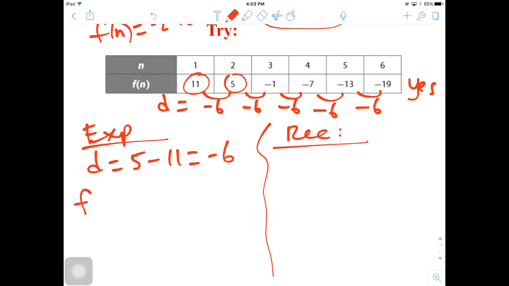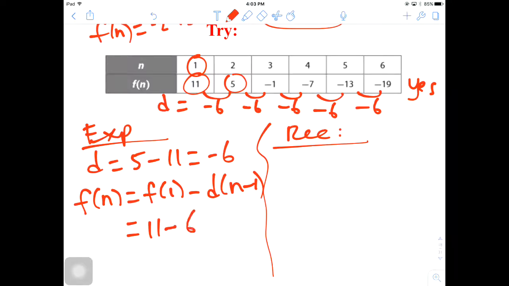And then for f of n, we're starting with the first term, so we're going to use the one that says f of n equals f of 1 plus d times n minus 1. So once again, it's going to be 11 minus 6 times n minus 1.